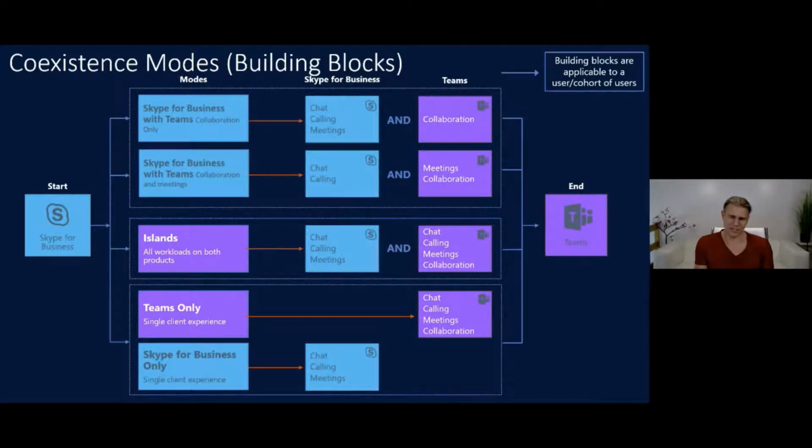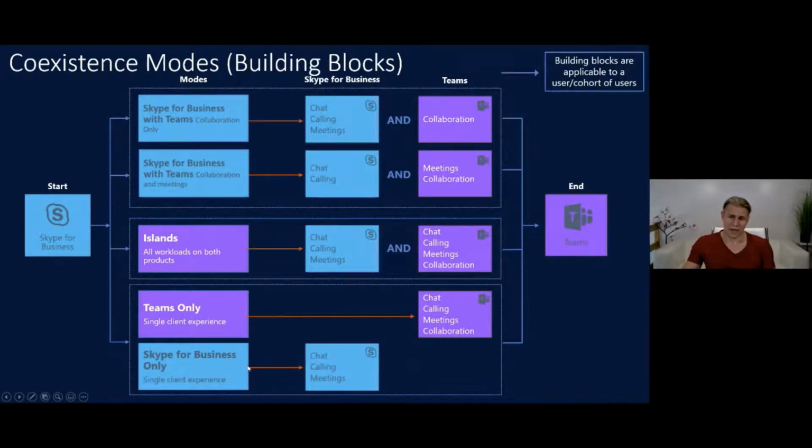And of course, there are some of those scenarios where we really have real issues. So you don't want to use that. Then we have 3 Skype modes. So the first one is on the bottom, and then the upper 2. So Skype for Business only has no Teams. So potentially we don't have any Teams license, and the Teams cannot be used by these users.